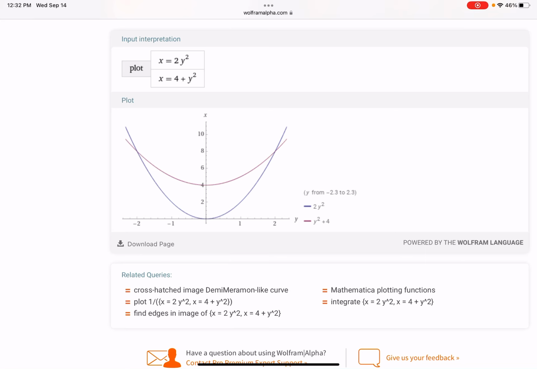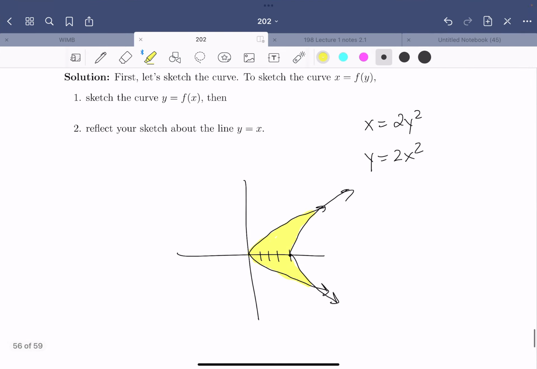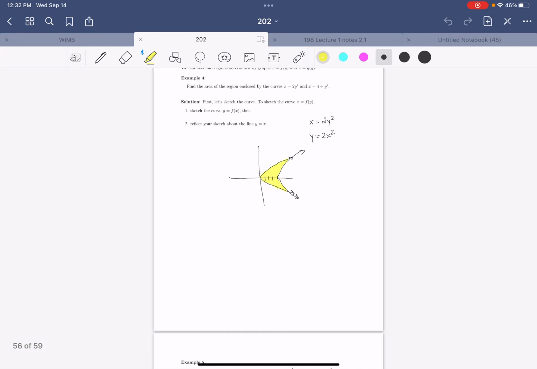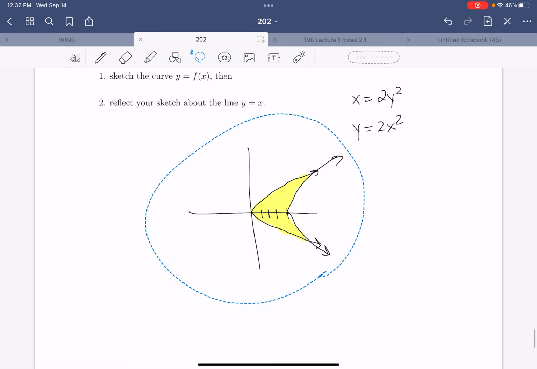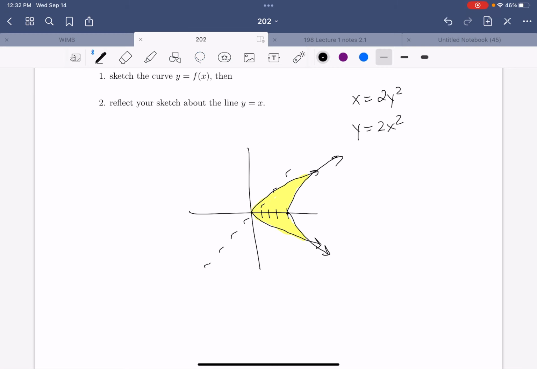And so if you flip your x's and y's around, you get exactly the same thing, but on the right side where x's are positive, which is exactly what I showed you, right? So that's exactly what we got here. If we were to rotate it and reflect it around the line y equals x, which is right here, we would just flip it about that line and it would give us what we just saw.